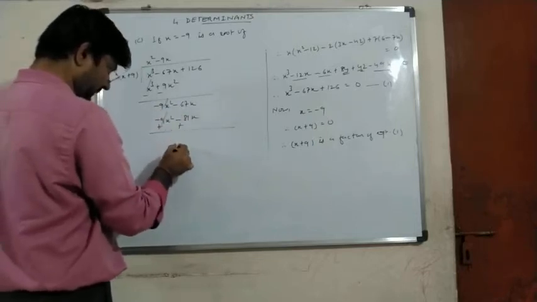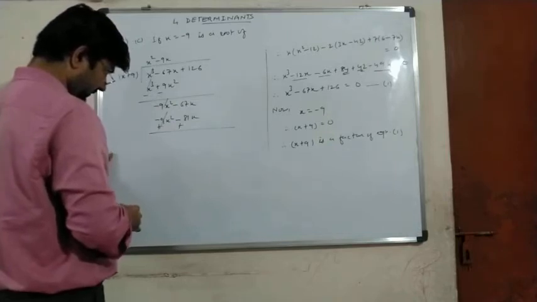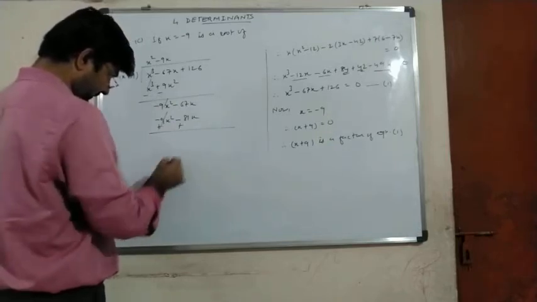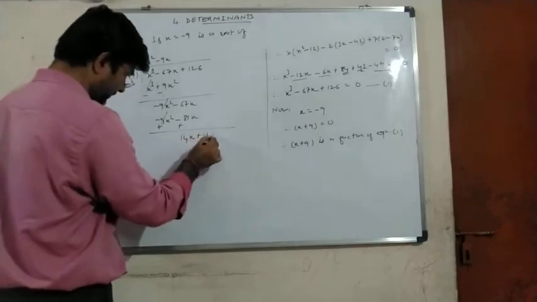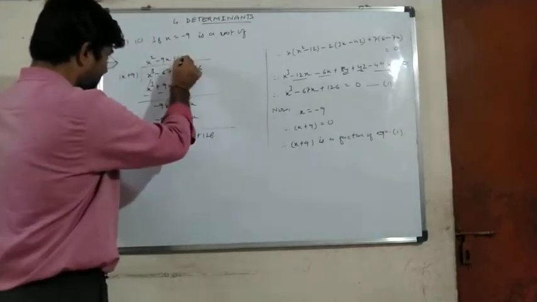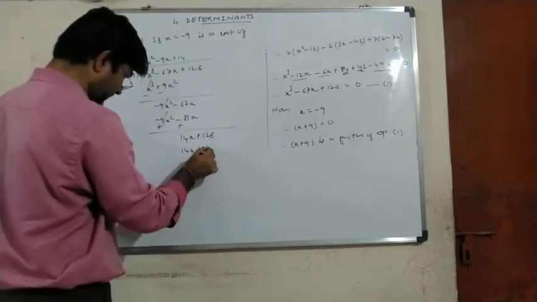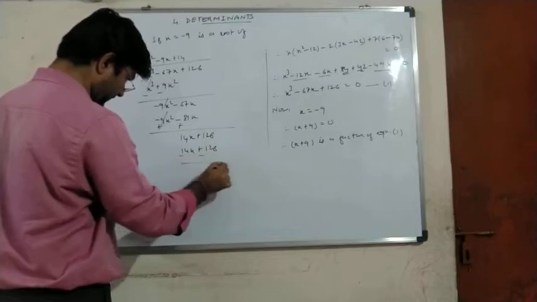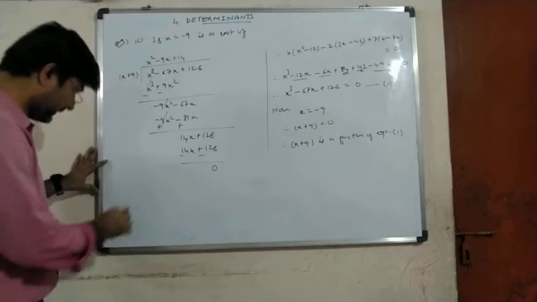Okay, so 80, 67, 13, so 14 is the remainder, 14x plus 126. Now finally we will multiply by 14, so we will get 14x plus 126, 0 remainder, and therefore now we got the factorization.